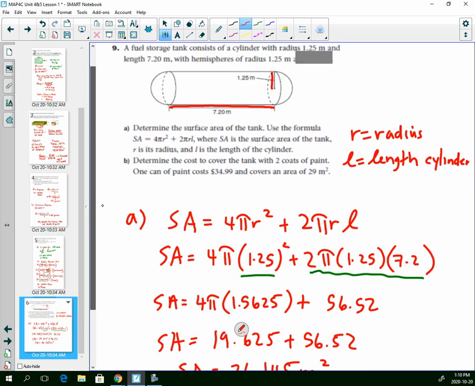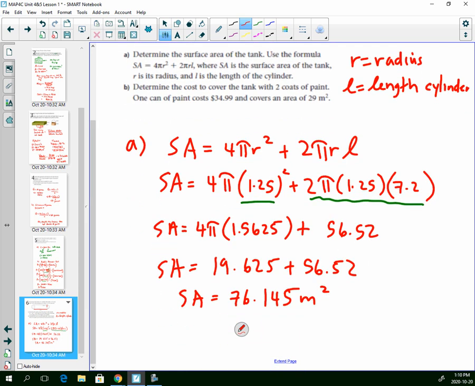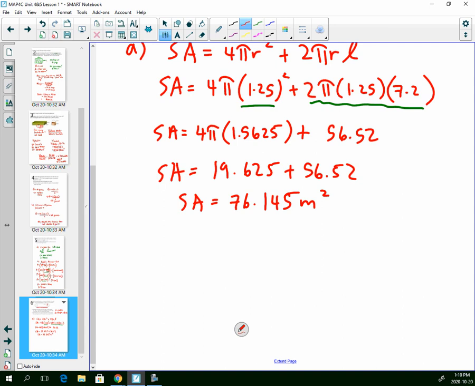B says determine the cost to cover the tank with 2 coats of paint. 1 can of paint costs $34.99 and covers an area of 29 meters squared. So let's think about this. We want 2 coats of paint. So we need to double the surface area.